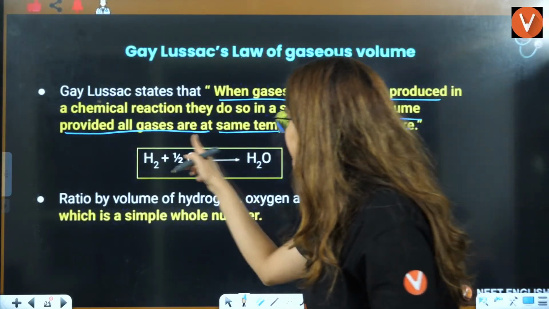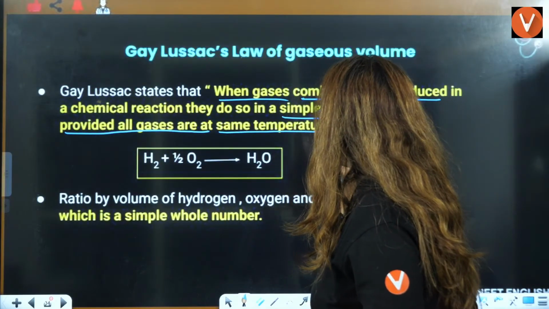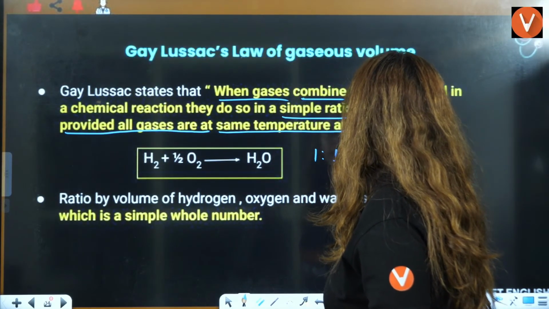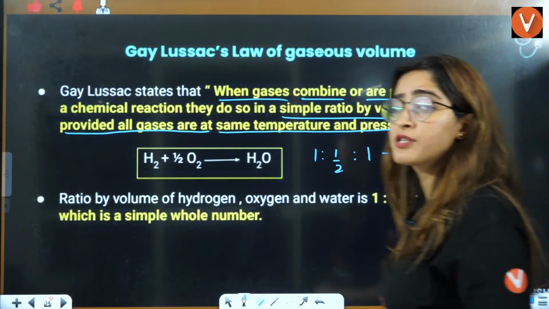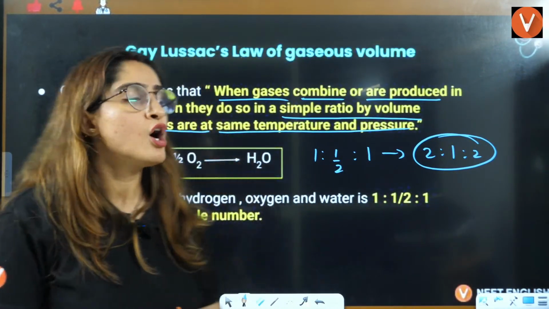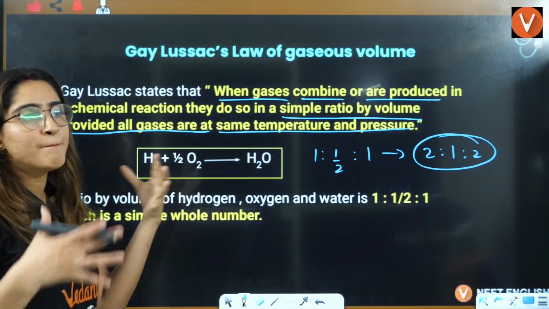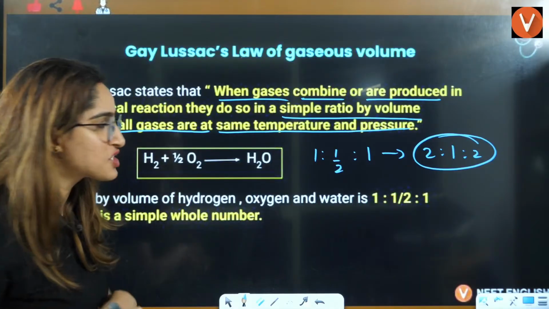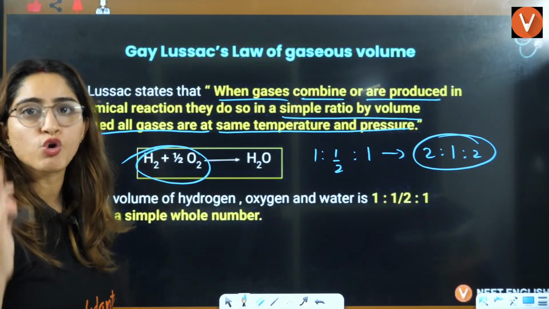The simple law is that if this is the reaction, then the ratio of 1, half, 1 is nothing but 2 ratio 1 ratio 2, which is the simple whole number ratio. So if gases are produced or combining in a chemical reaction, they will do so in a simple whole number ratio, right?